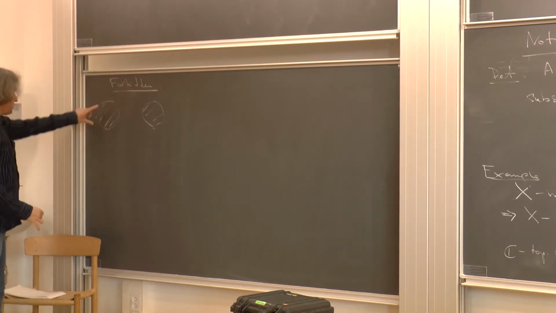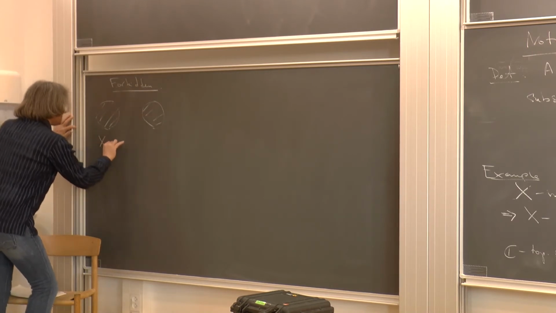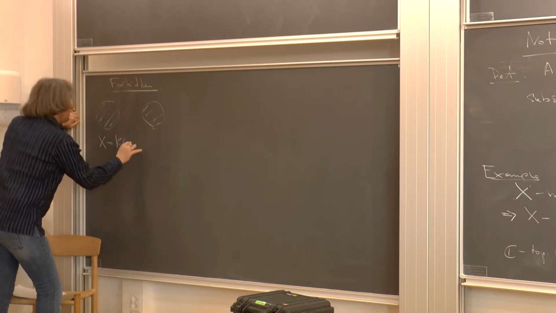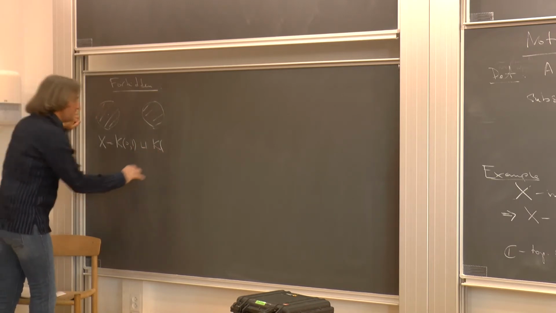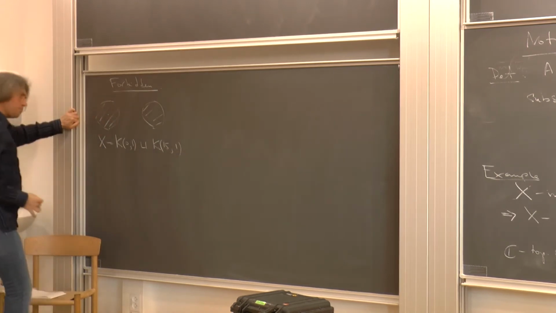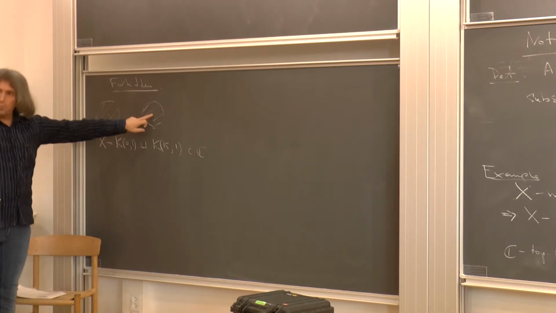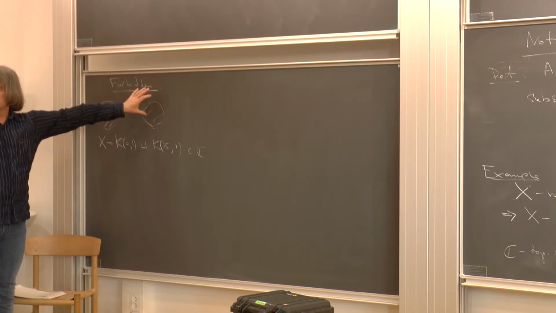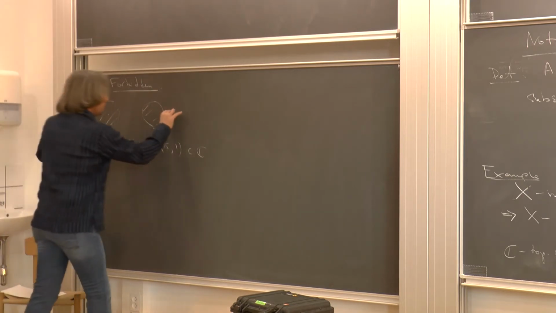Our X is the disjoint union of K of 0, 1 and K of, what's your favorite number, 15, 1, as a subset in C. So definitely it's a disjoint union of two open subsets. So it's not connected.